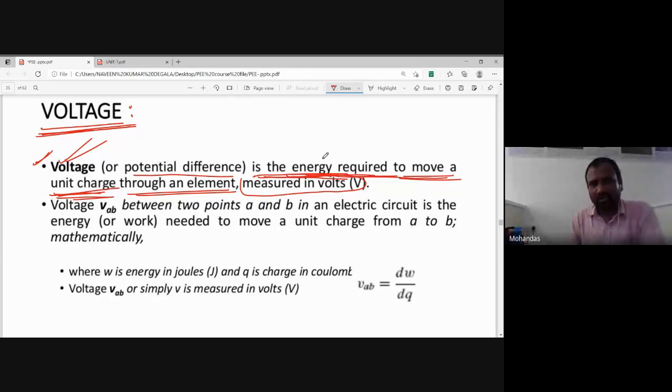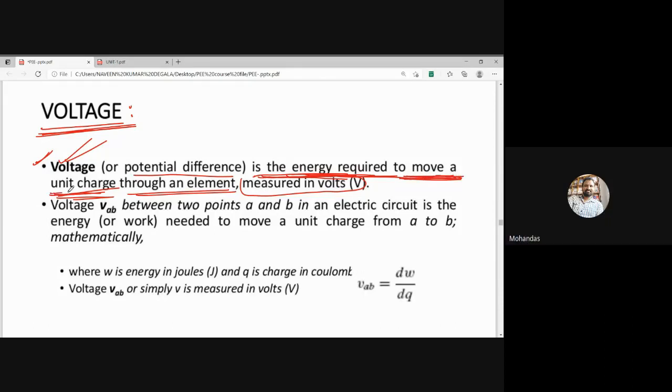We are moving against the electric field, so we have to expend some energy. The energy required to move a unit charge, meaning the value of the charge Q equal to 1, through an element, here a copper element, is known as voltage. Another name is potential difference.